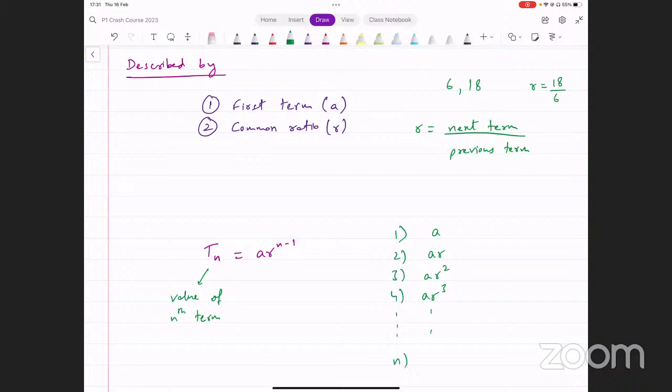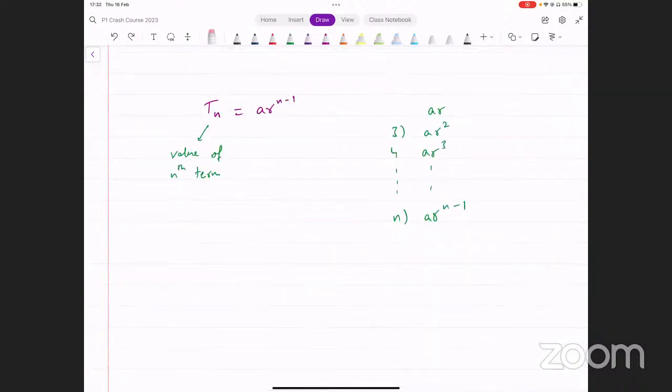So if you had the nth term, if you look at the pattern, you'd have n minus 1 in the power, because when you had 4 here, you had 3 in the power. When you had 2 here, you had 1 in the power, and so on. So this is how the formula looks. AR raised to power n minus 1. All right. So this is the term formula that we've got for a geometric progression.